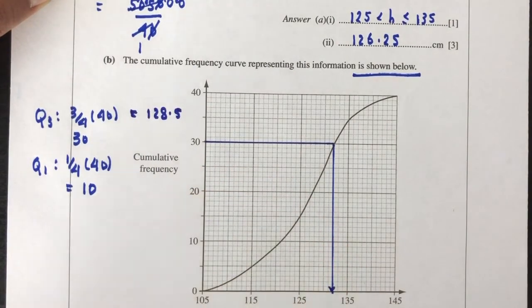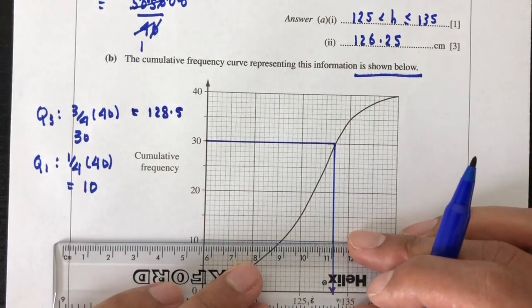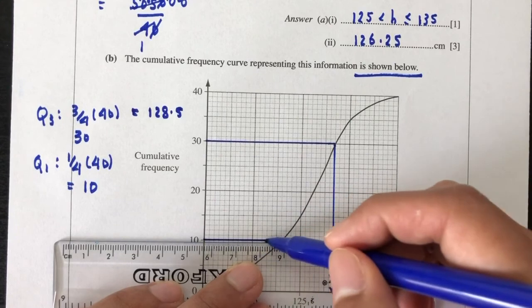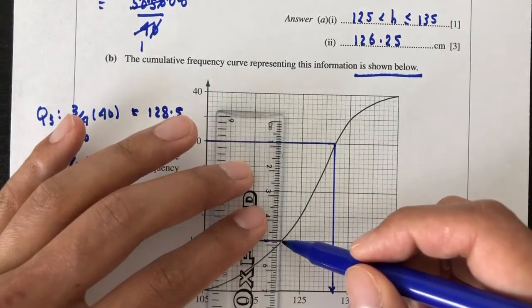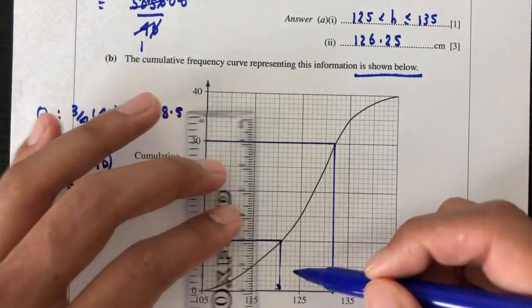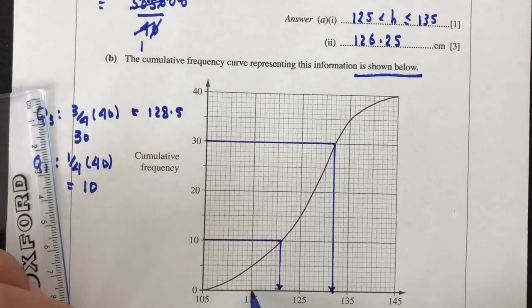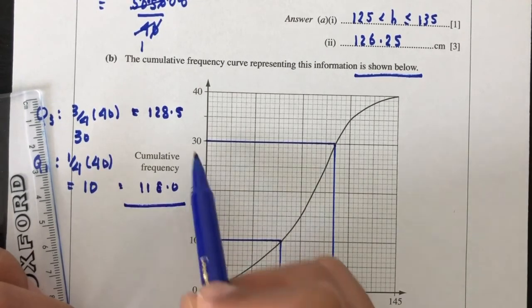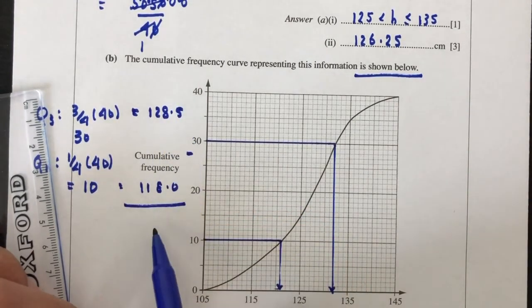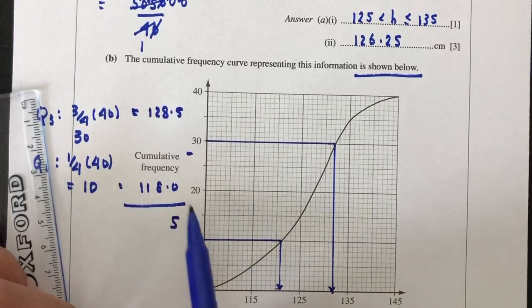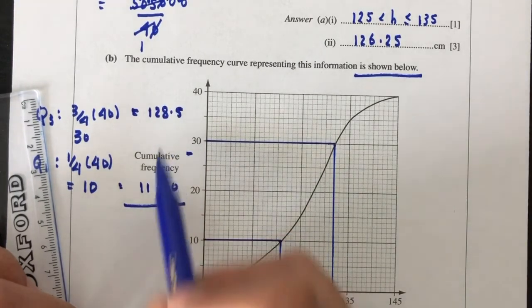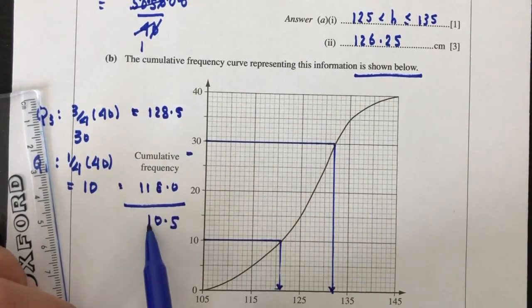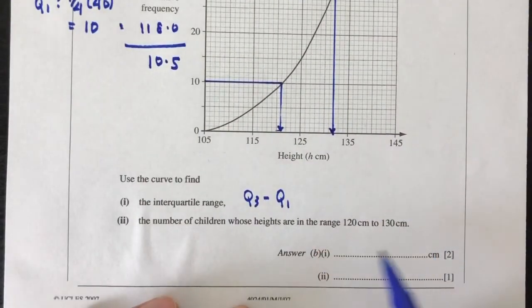And what is Q1, which is the 10th? It will be right here. This is 116, 117, and 118. So the range will be 128 minus 118, that will be 10.5.